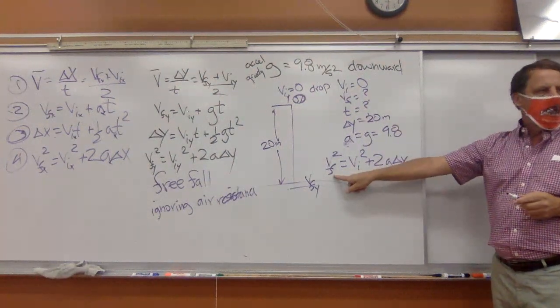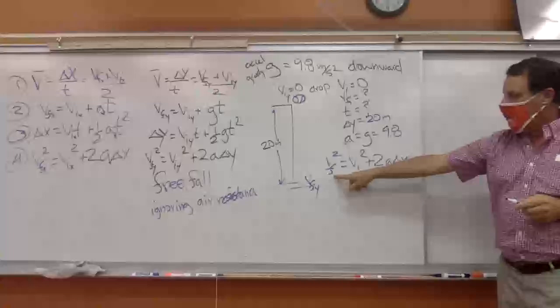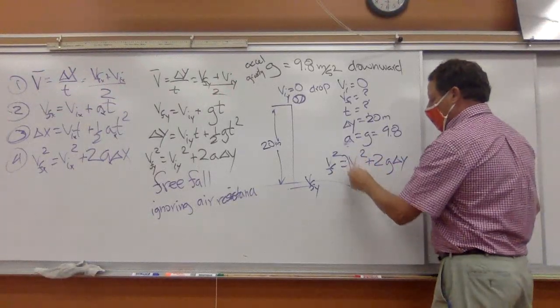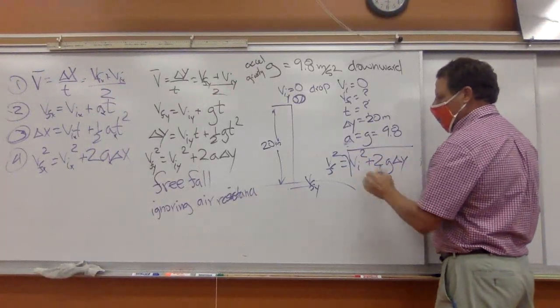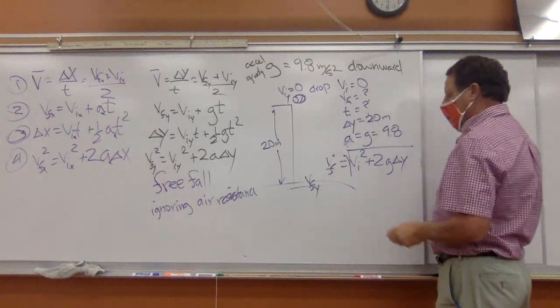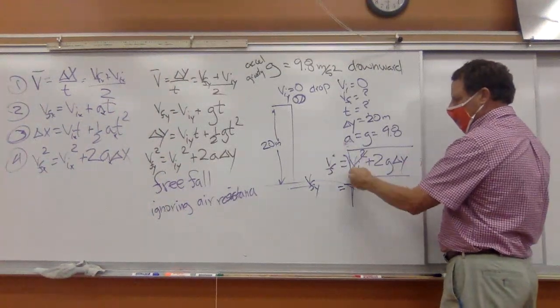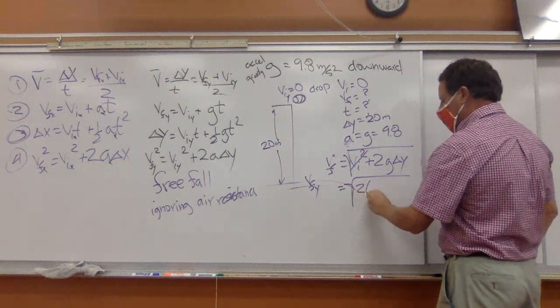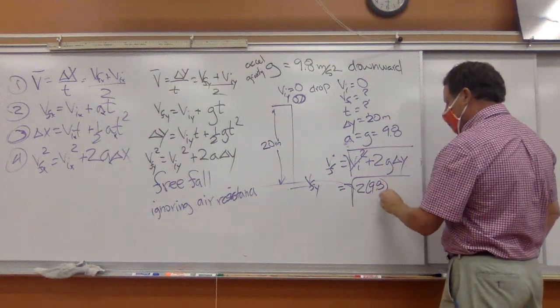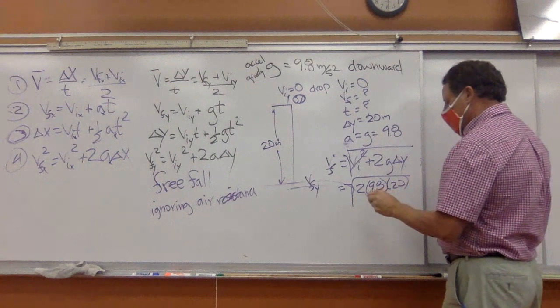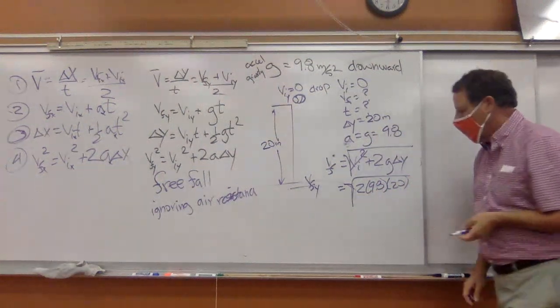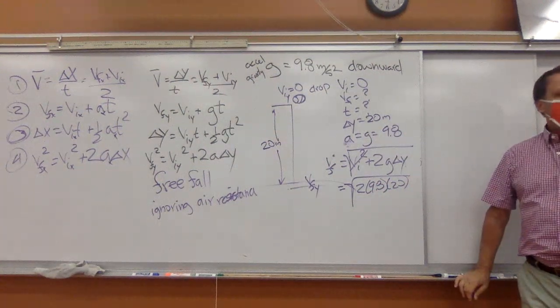Now, since we are looking for the final velocity, okay, then we can just solve by taking the square root, and we are going to equal to, well, the initial velocity is 0, so that's going to go away. So that's going to be 2 times 9.8 times 20. And then we're going to take the square root of that.